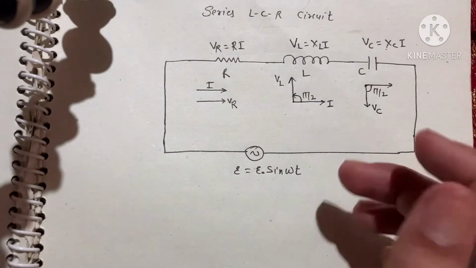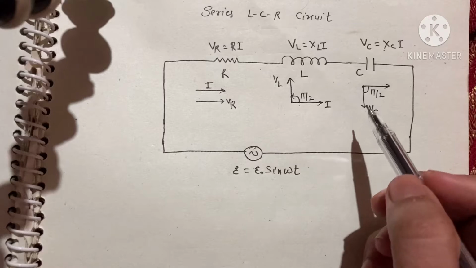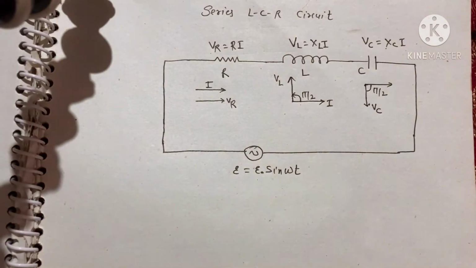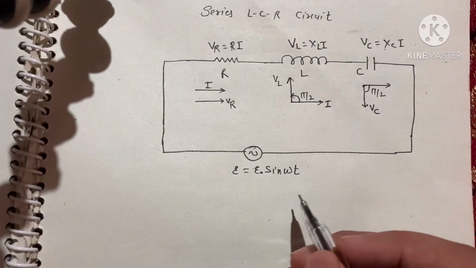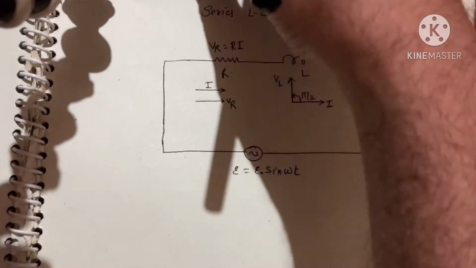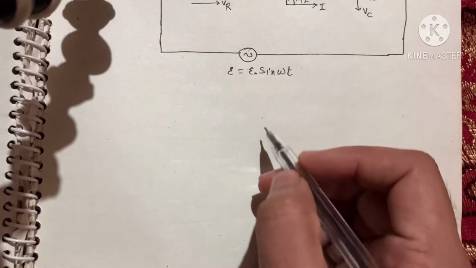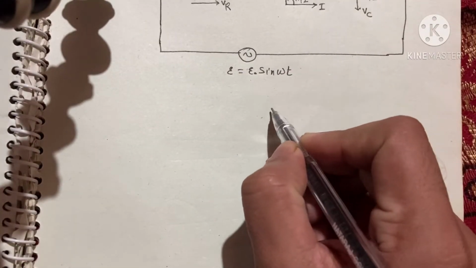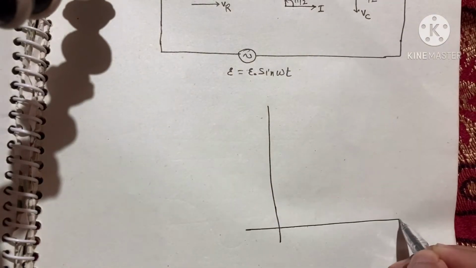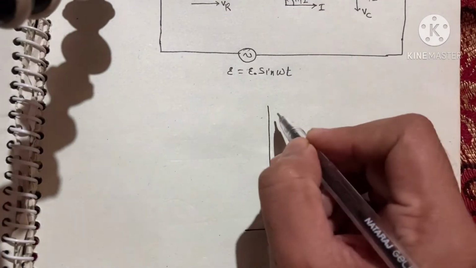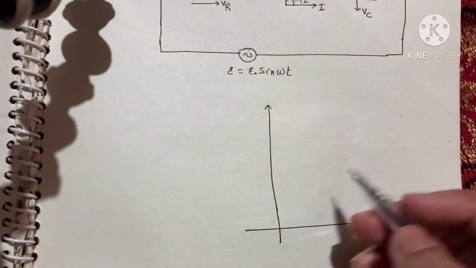Now let's plot the phasor diagram for all three components. What is a phasor diagram basically? So students, let's draw it. First of all I'll choose an x-axis and y-axis, and first we will plot for the resistor.